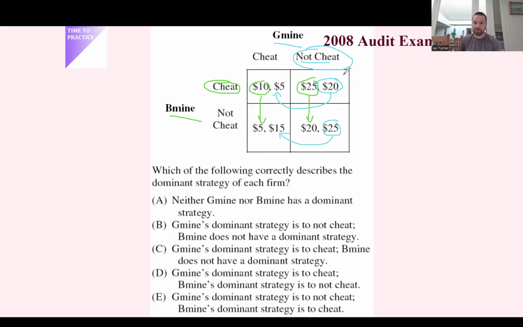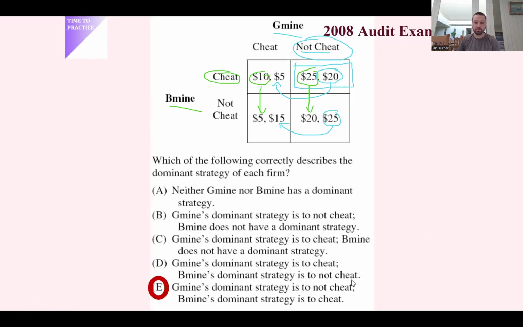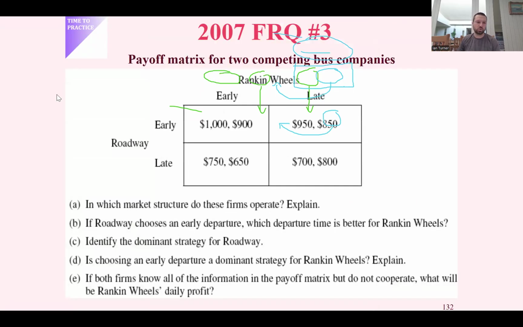And so this is going to be your Nash equilibrium up here. They're going to end up here. Those are their two dominant strategies: G mine, not to cheat; B mine, to cheat. That's a lot of stuff.